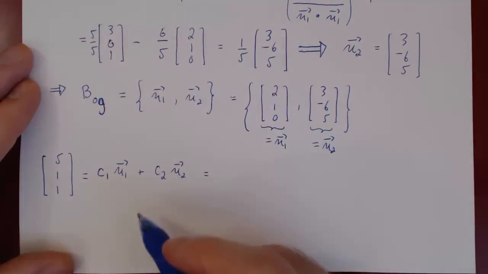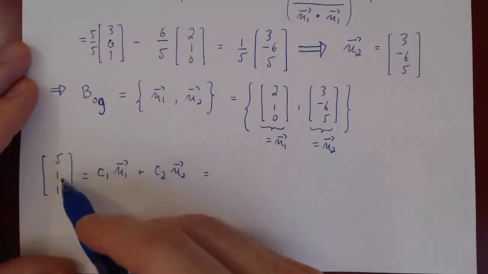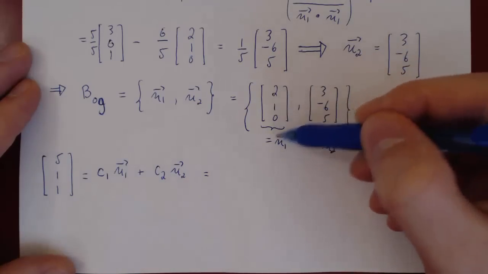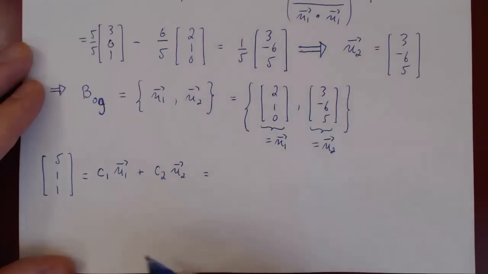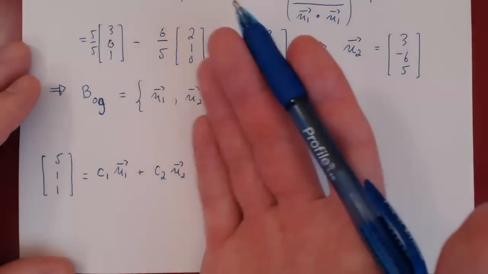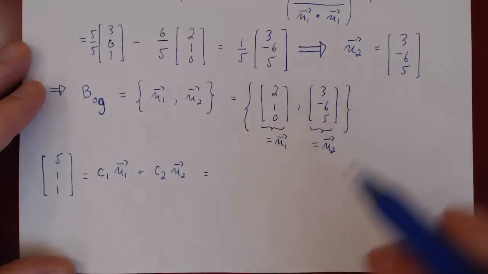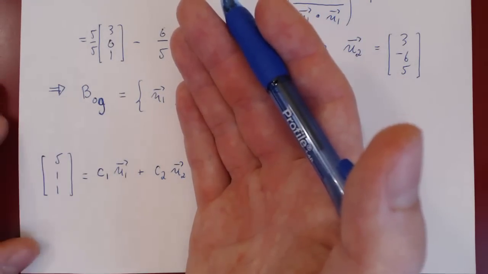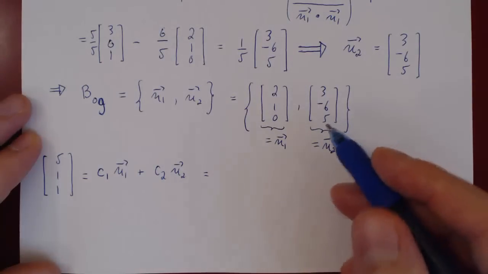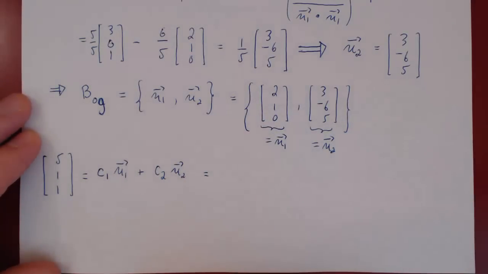Because this should be possible, as any given vector on the plane should be a linear combination of the two orthogonal basis vectors. And if you remember, at this point, if the basis was not orthogonal, you would have to solve the corresponding linear system. But because we have an orthogonal basis, we can do better.